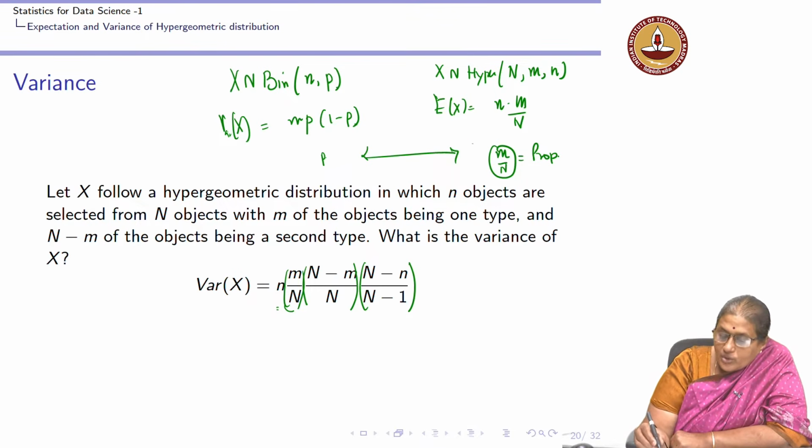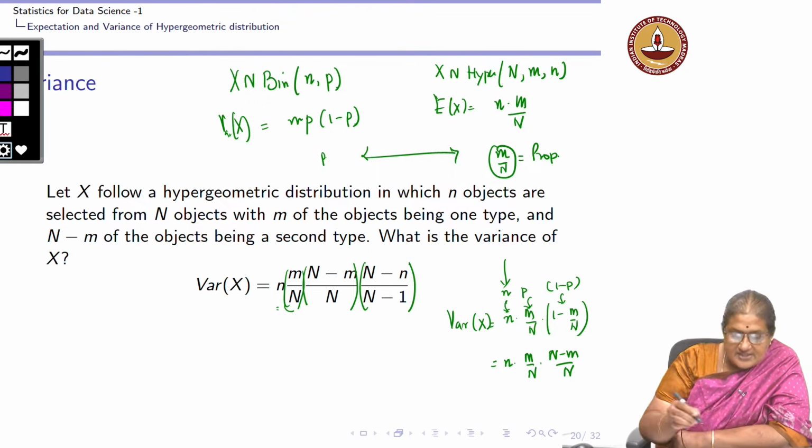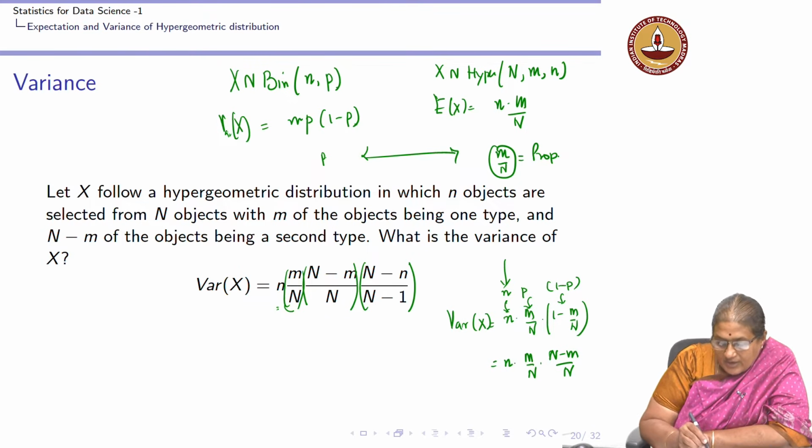So, if I am going to look at a similar term for the variance of x, I know it is going to be n, p is m by N, 1 minus m by N, 1 minus p. So, if I am looking at n p into 1 minus p, it would be n into m by N into N minus m by N. You can see that this is precisely what I have here.